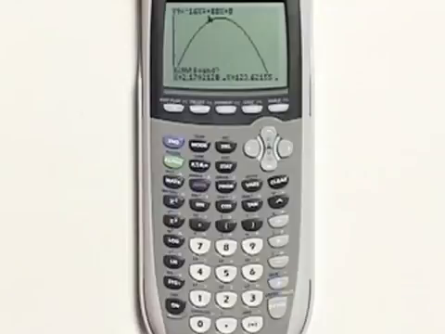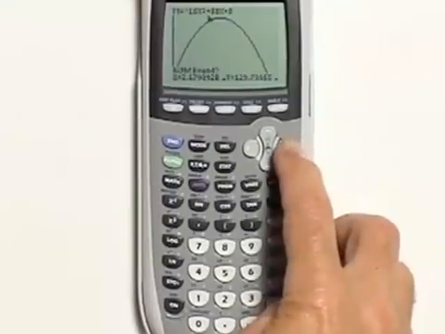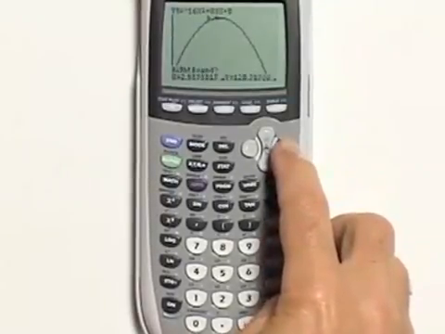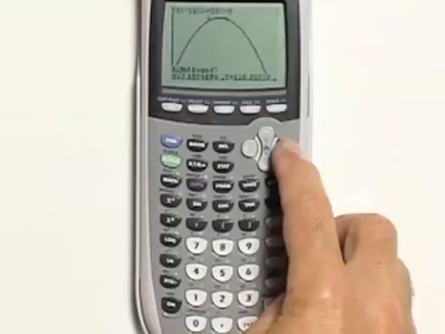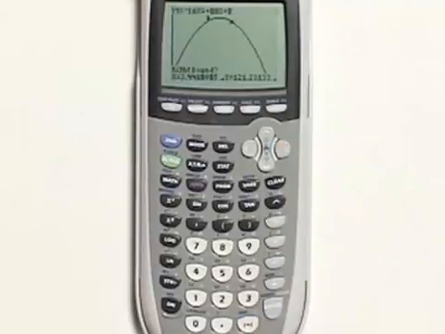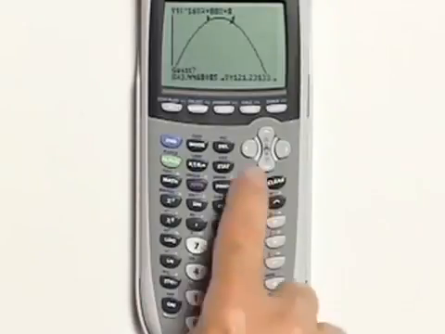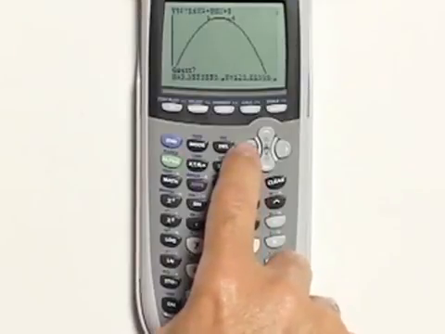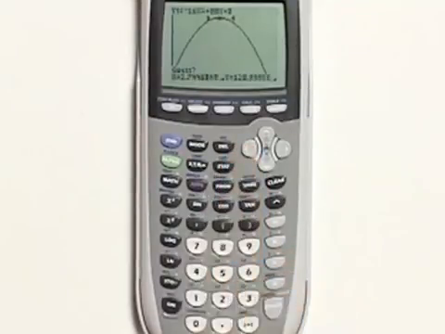It's asking us now for a right bound. The right bound needs to be to the right of the maximum, so let's press the right arrow key a few times, or just press and hold it down. Now it's far enough over that I press Enter. It wants us to guess what the maximum is just by sight, so let's move closer by pressing the left arrow key to approximately where the maximum height occurs.